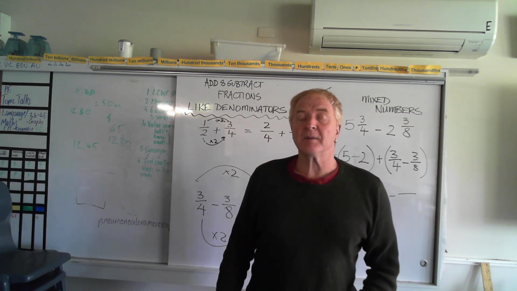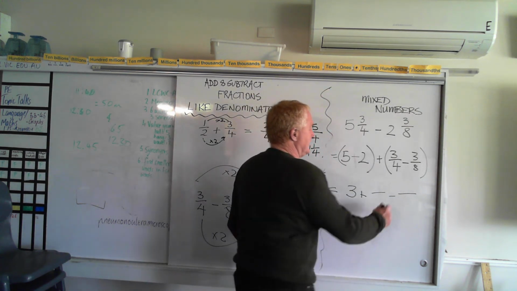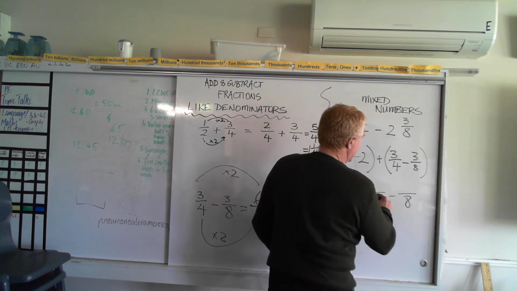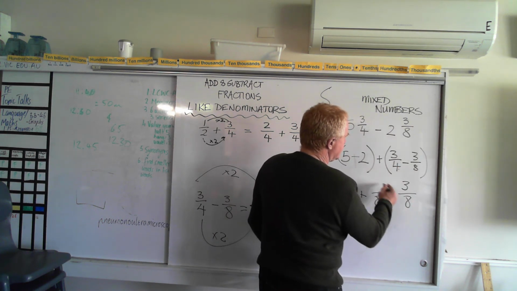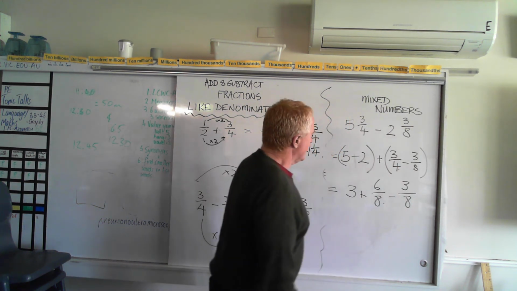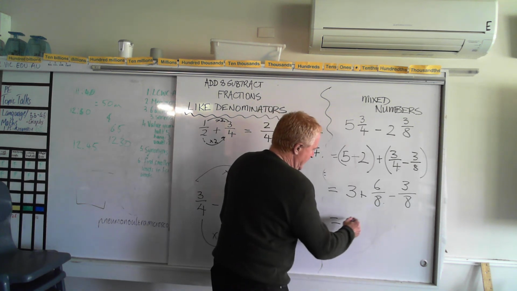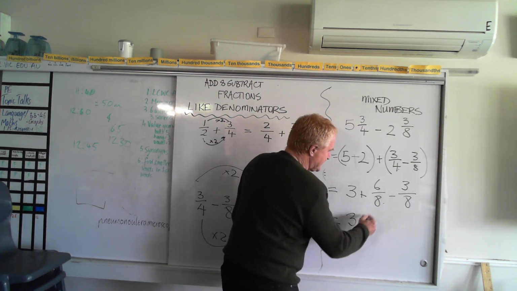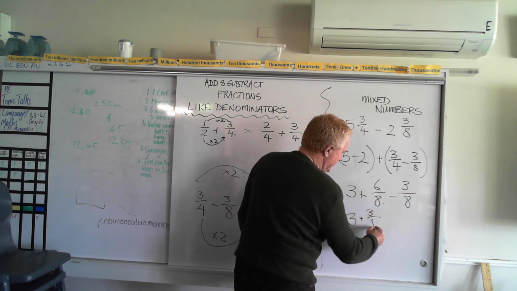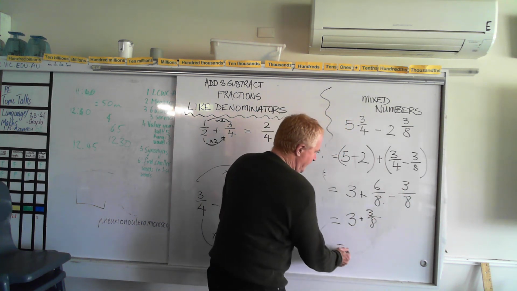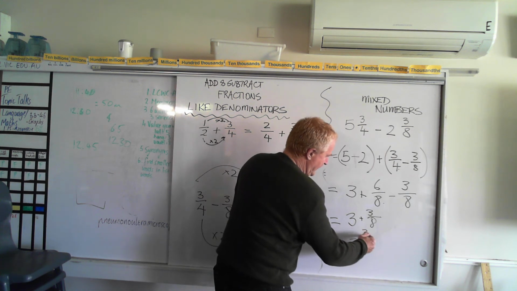So it's going to be fairly straightforward that. We move it to 8ths. What do I do to 4 to get to 8? I doubled it, times it by 2, so I'm going to do that. So the answer is going to be 3 plus 6 apples take 3 apples is 3 apples. Okay, our final answer, 3 and 3/8.